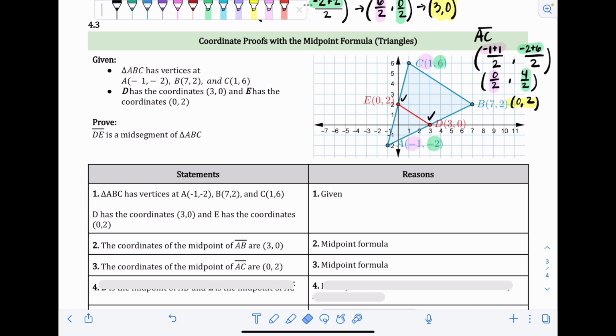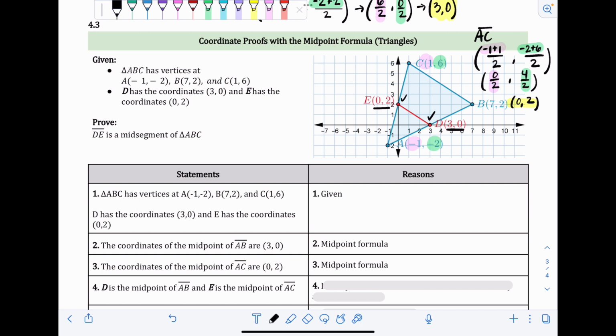Okay, so for 4, we're going to say that D is the midpoint of segment AB and E is the midpoint of segment AC. Because we just proved that the midpoint of AB was 3, 0, and for AC it was 0, 2.